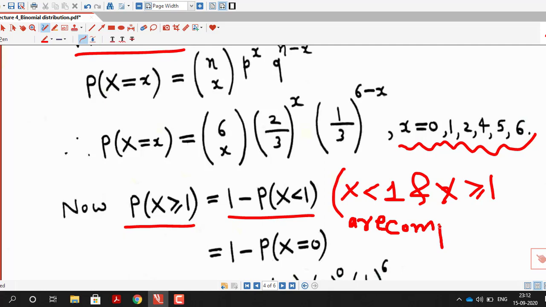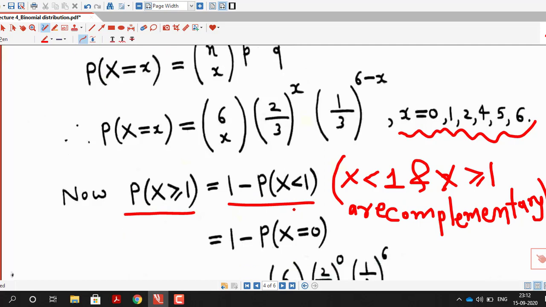Complementary events. So the sum of their probabilities must be equal to 1. So these two events are complementary events, therefore we can write probability that X greater than or equal to 1 equal to 1 minus probability that X is less than 1.